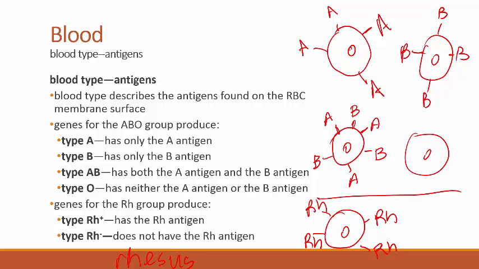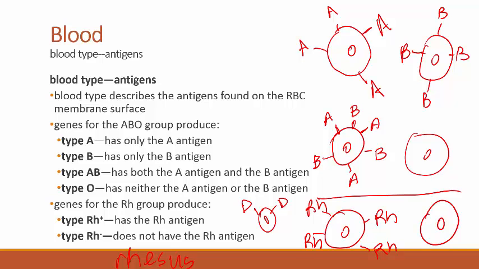In other countries, it's sometimes referred to as the D antigen, D as in dog. So if you were in Britain, let's say, they might be talking about the D antigen. But those are just different names for the same surface protein. If you are Rh negative, then that means you don't have the Rh antigen hanging off of your red blood cells.